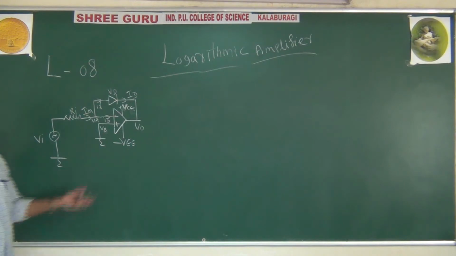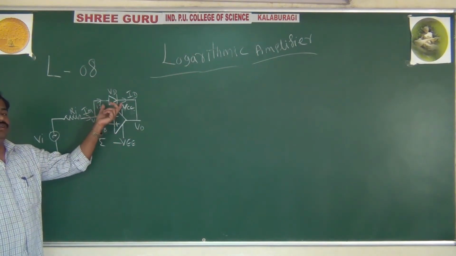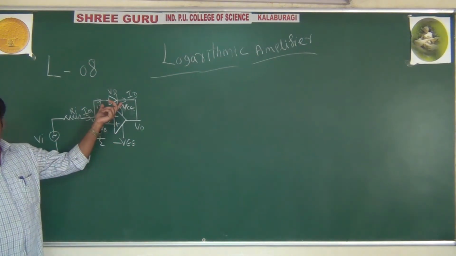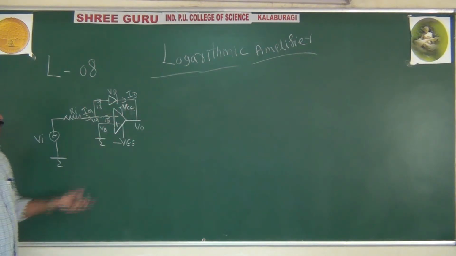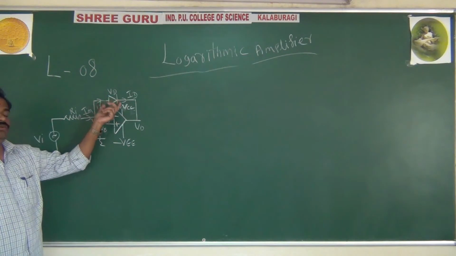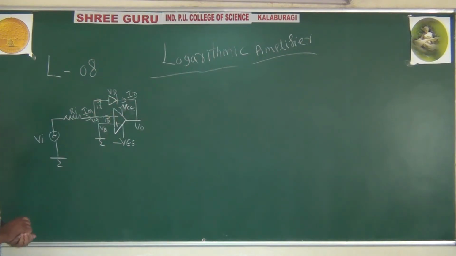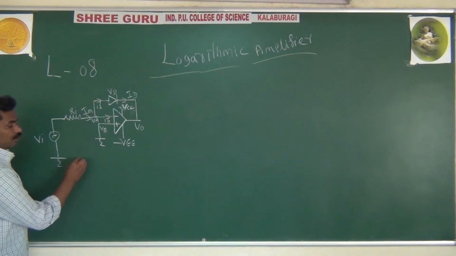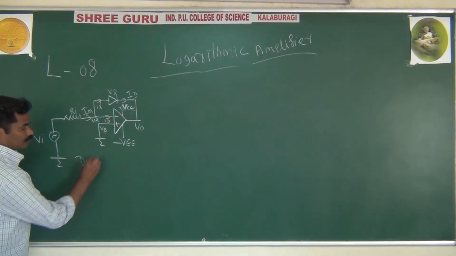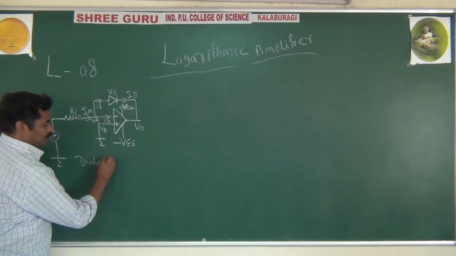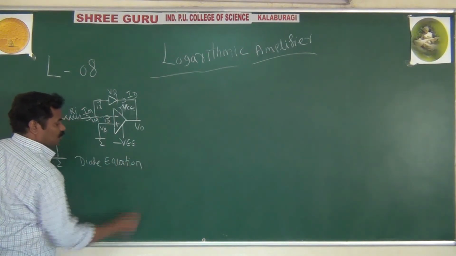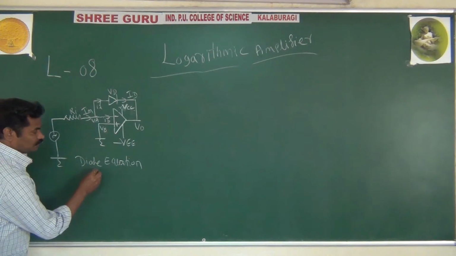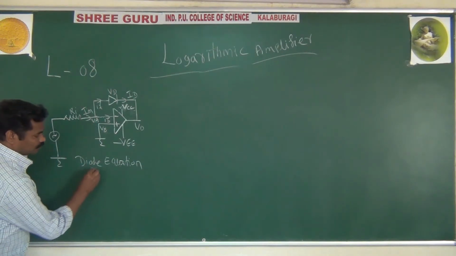Because you are using the diode in the feedback path, we want to know how much current goes through the diode. As you studied in the first year, in the basics, the diode equation, also called Shockley's equation.